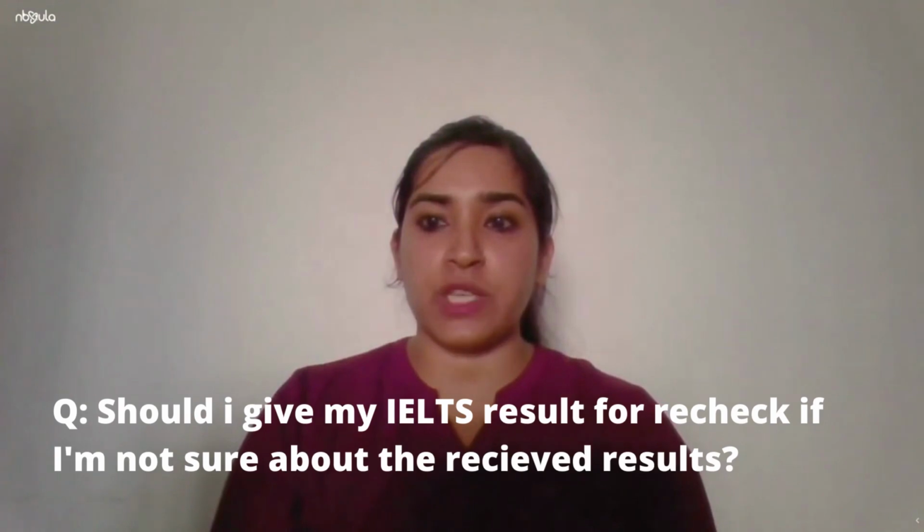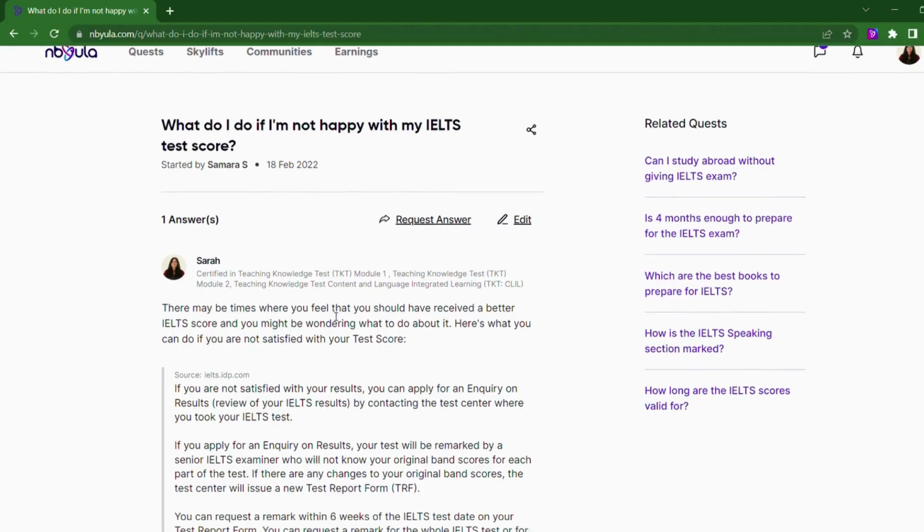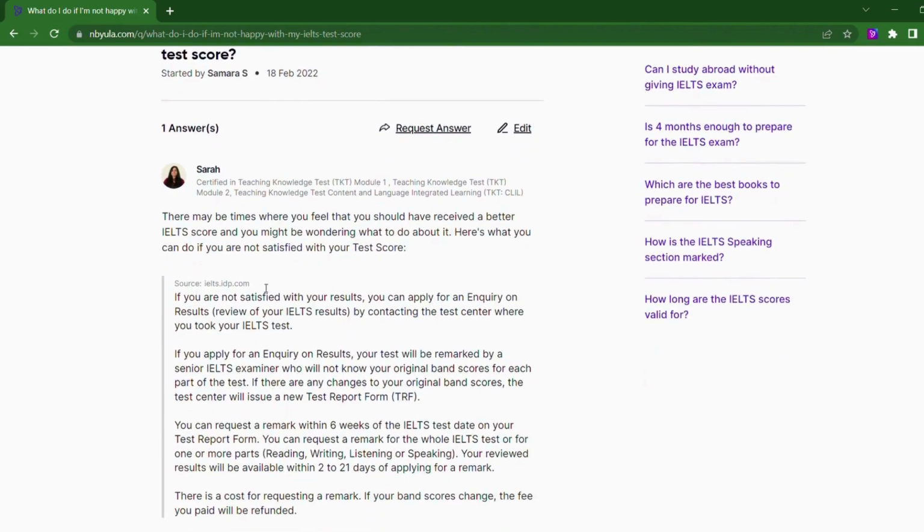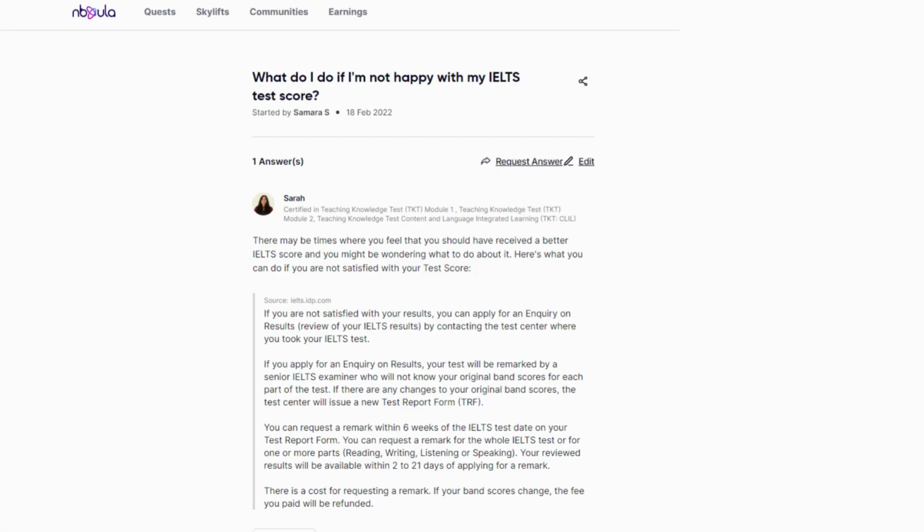Next question that we have, should I give my IELTS writing test for recheck if I'm not sure about the band received? A similar question about reevaluation has been answered on nebula.com, so you can check out the answer there as well. Good question. We've seen that during the writing task, we might be really thorough with what we've written.